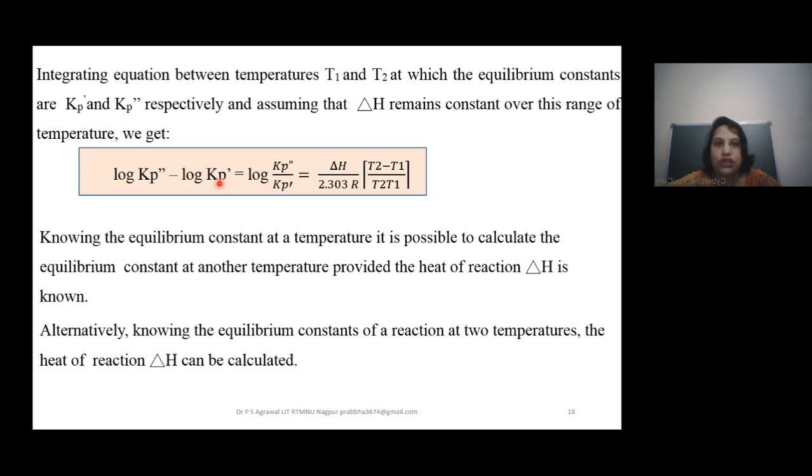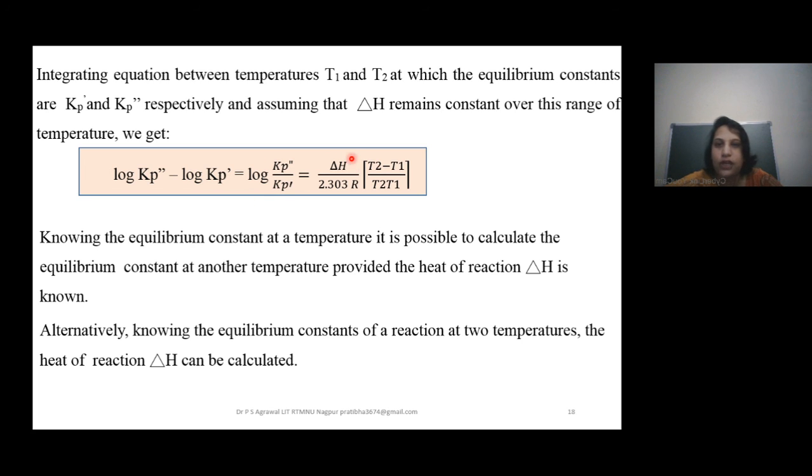So the van't Hoff equation may take the form, that is at two Kp, the form will be like this at two temperatures. So knowing the value of the equilibrium constant at one temperature, it is possible to calculate the equilibrium constant at another temperature, provided that delta H is known. Alternatively, if the equilibrium constant at two temperatures is known, we can find out the value of delta H.